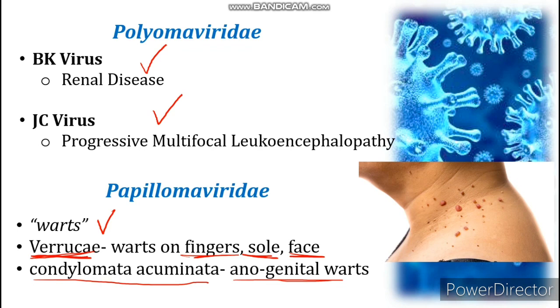Huwag kayong papalito sa Condylomata lata. O, recall tayo, saan si Condylomata lata? Si Condylomata lata sa syphilis, okay? Si Condylomata acuminata sa Papillomaviruses or warts. Okay? Huwag papalito doon.